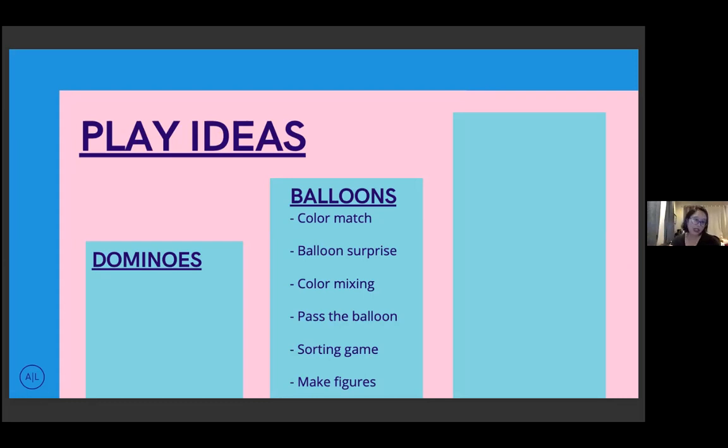Okay, a sorting game. This could also be like for the color match. You sort your balloons maybe through sizes, through designs, or their colors. And then also make figures. I think a lot of you are familiar with what a clown does during birthday parties. Believe it or not, we've been through that phase too, because he was very much into balloons.